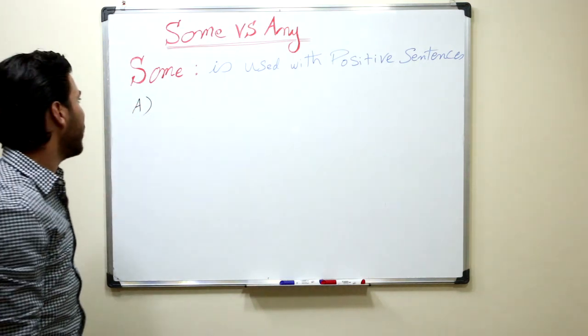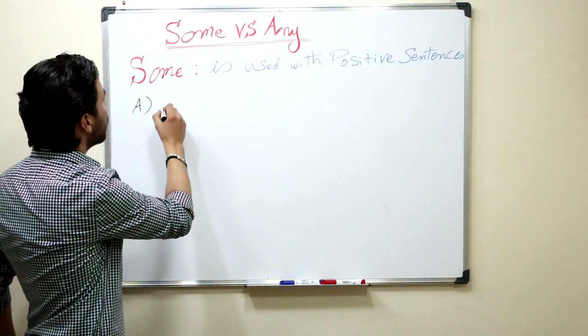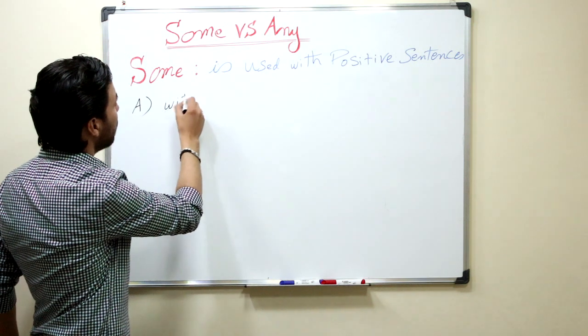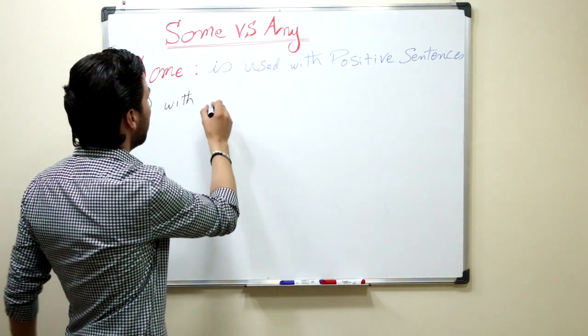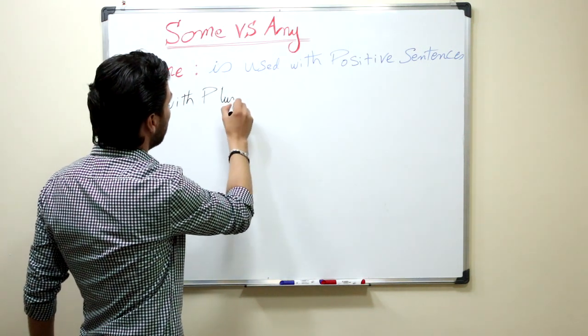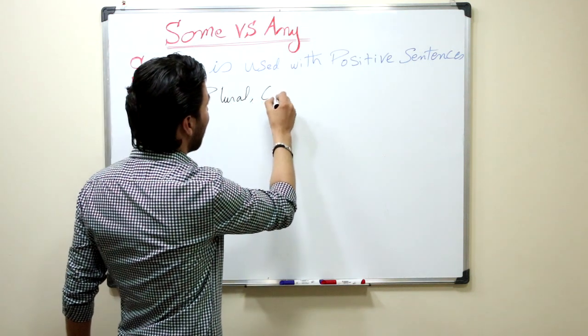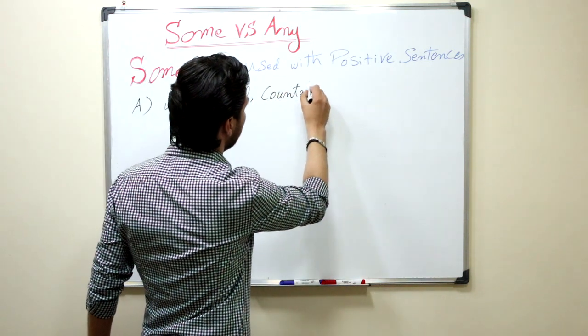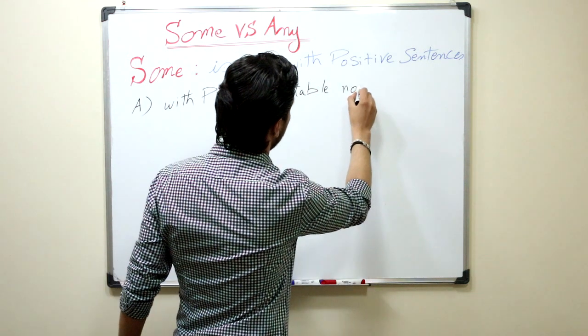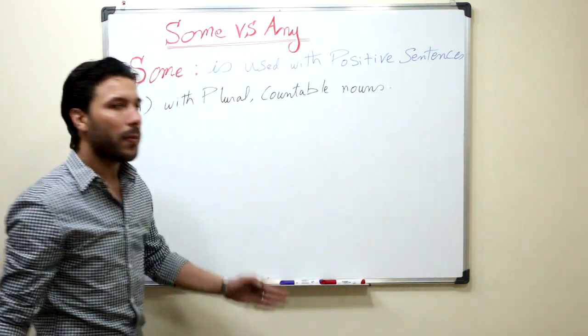Let's start with the first rule. I call it here A. It is used with plural and countable nouns.